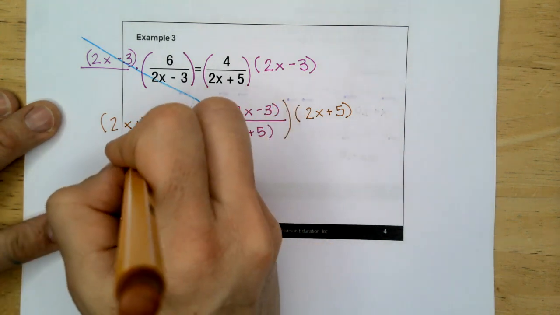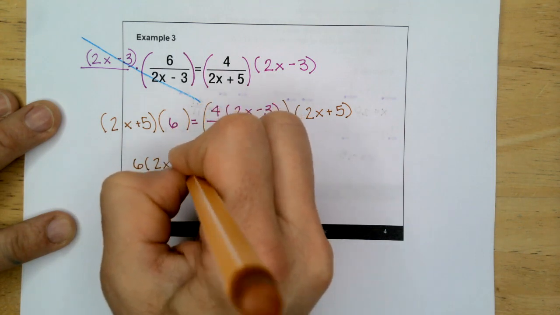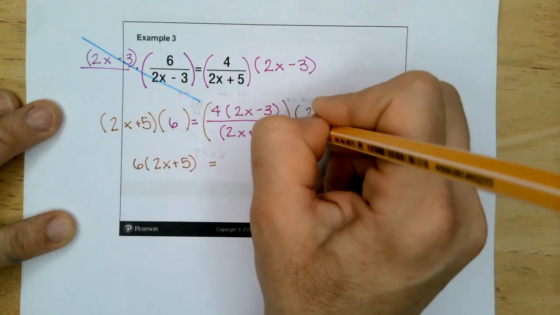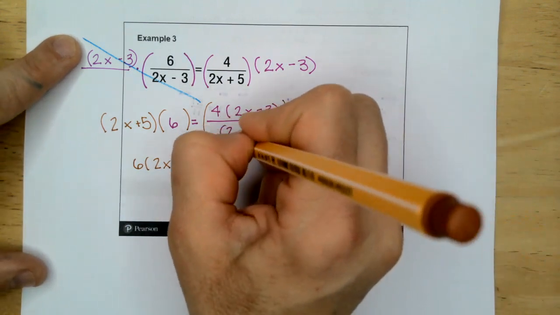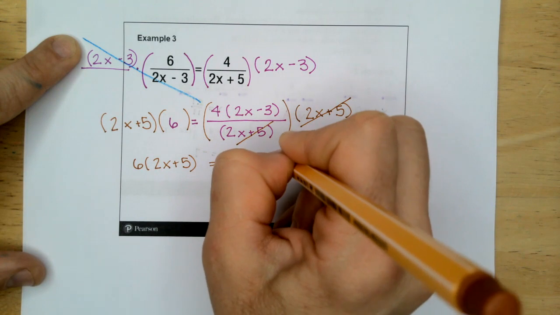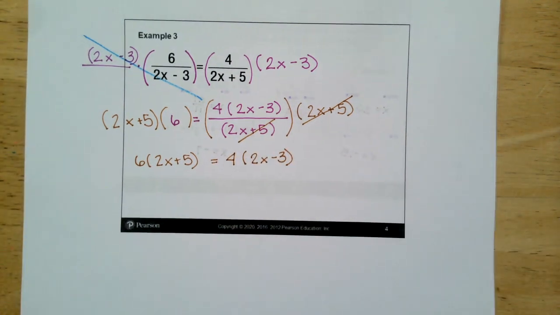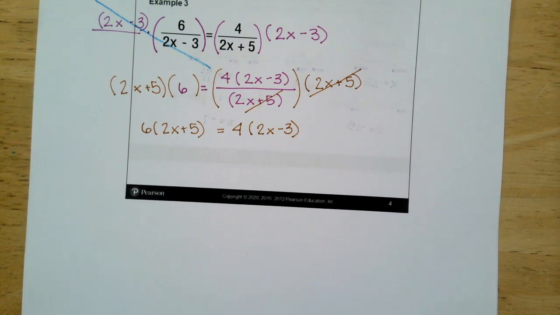So on this side, we now have 6 times 2x plus 5 equals, again, just like up here they canceled, this cancels this, and I have equals 4 times 2x minus 3. This might look familiar to when you were adding and subtracting fractions in some former math class. Now I got rid of my fractions.